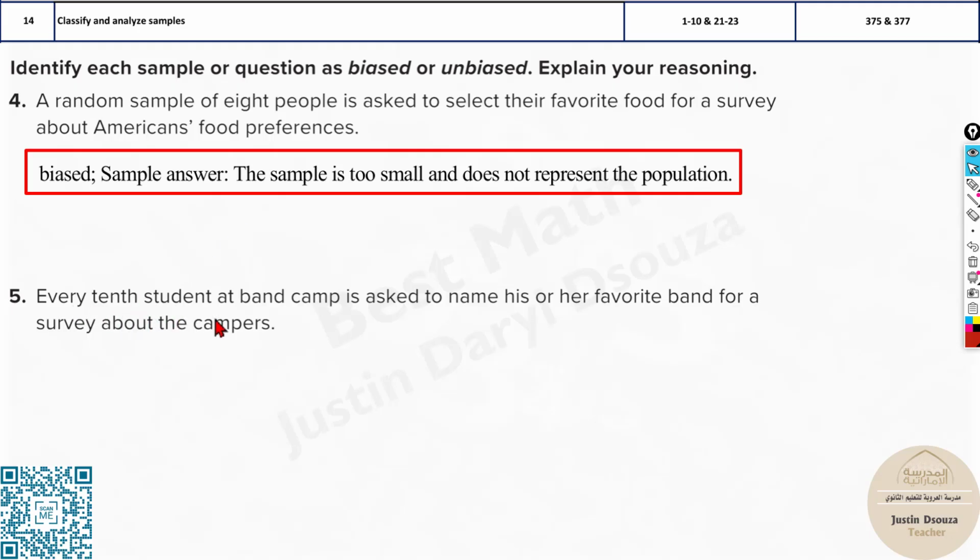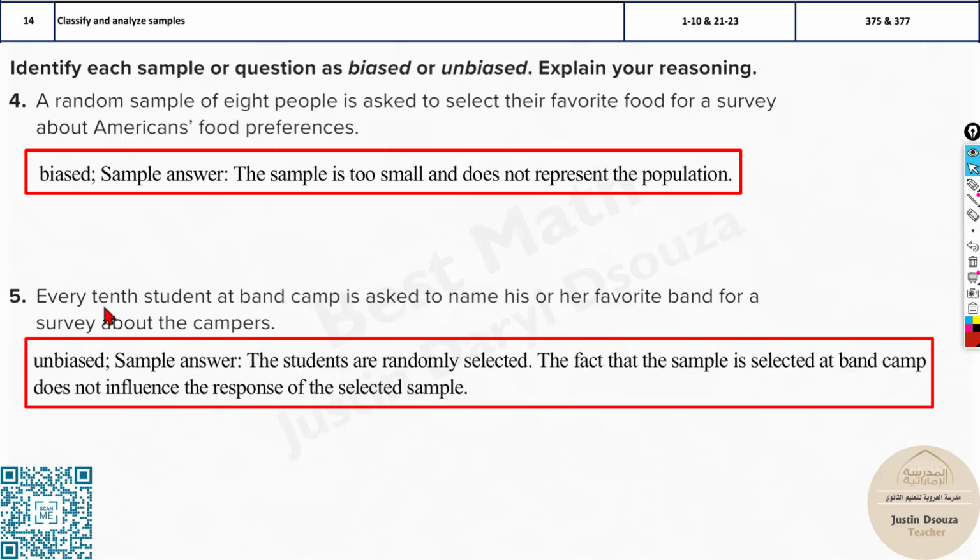Here, every 10th student at a band camp is asked to name his or her favorite band for a survey about the campus. Okay, every 10th student, just random, it's unbiased here. Why? Because you're just choosing random every 10th student, and his or her favorite band. That's fine. You're just choosing favorite bands of random students. So it'll be varied.